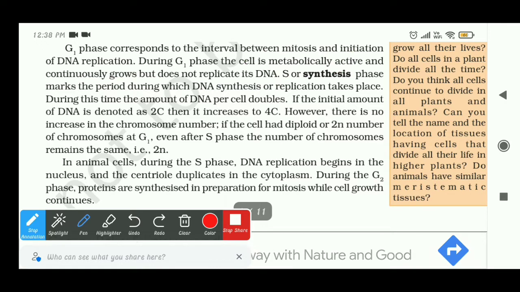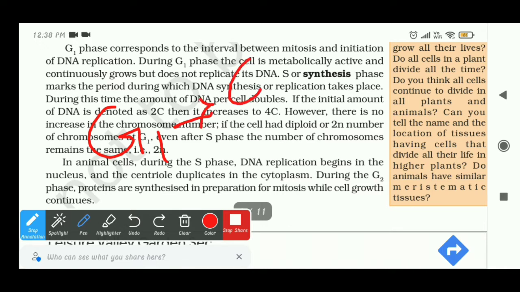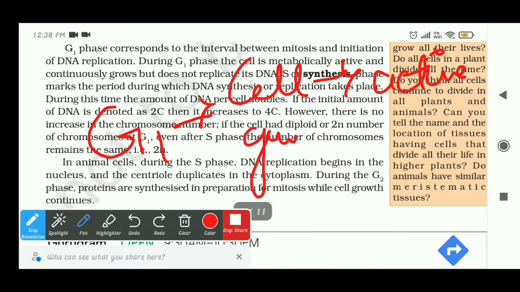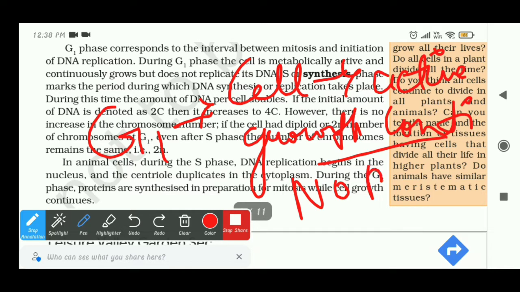So in the G1 phase, we just have the cell which is metabolically active, and growth will continue, but there is no DNA replication.